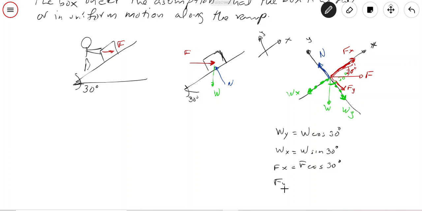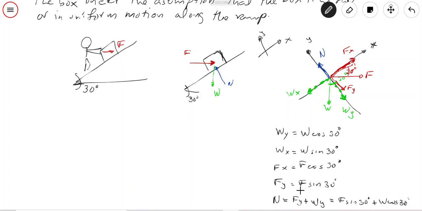So Fy would be F sine of 30 degrees. Now the normal force would be equal to the sum of Fy and Wy. So the normal force is Fy plus Wy, which is F sine of 30 degrees plus W cosine of 30 degrees. So I found here the different forces.